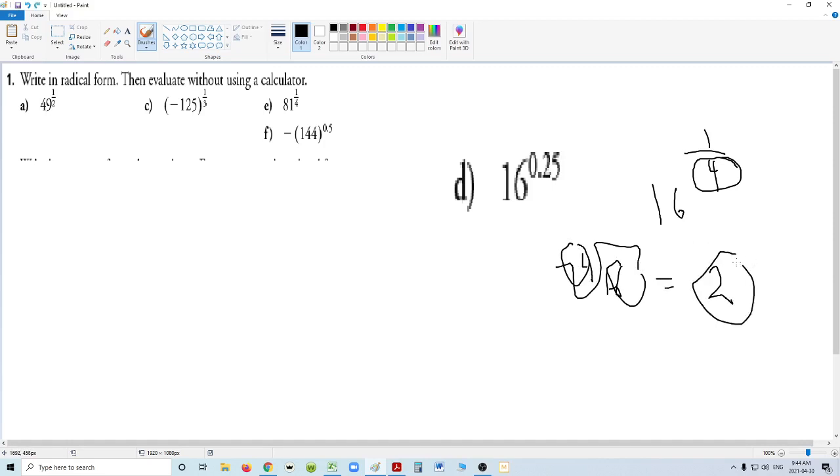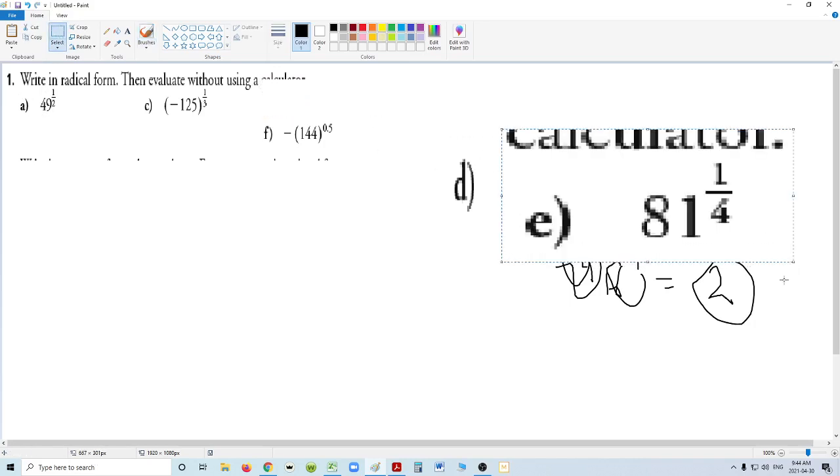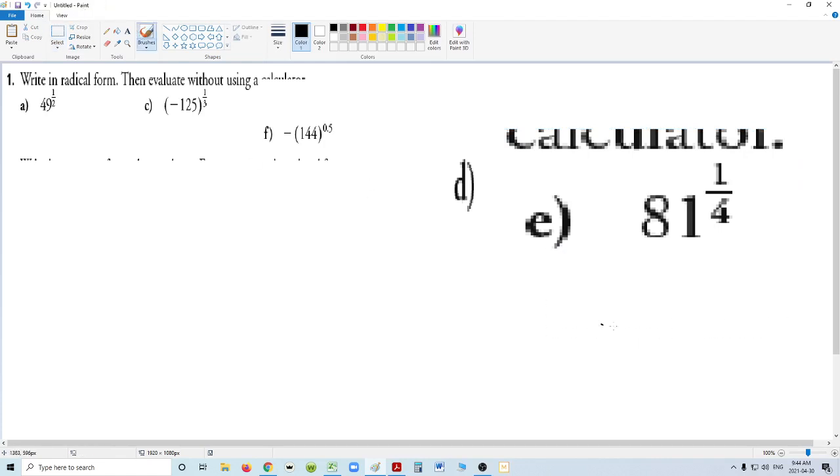So the answer is 2. Same with this one. They're doing it again. They just left it in quarter root this time. What number times itself 4 times will make 81? I'm going to guess it's 3. 3 times 3 is 9, times 3 is 27, times 3 is 81. 3 to the 4 is 81. So the answer to this is 3.